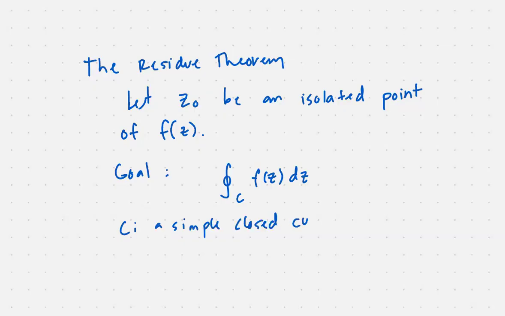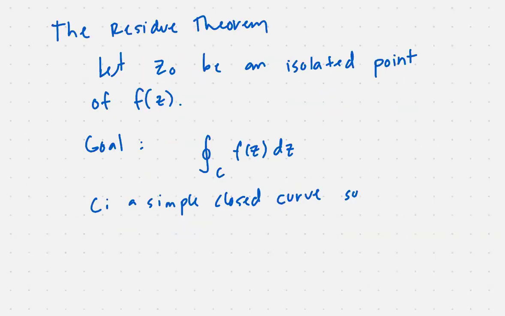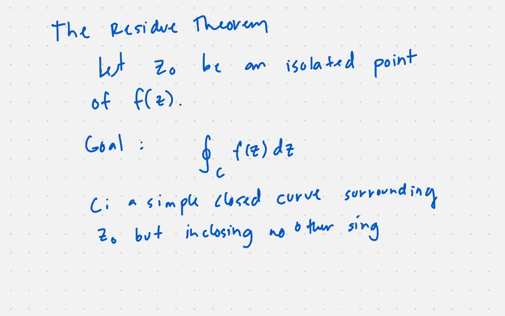Okay, simple closed curve surrounding C sub 0, but enclosing no other singularities. So there's no other singularities inside our closed curve C.